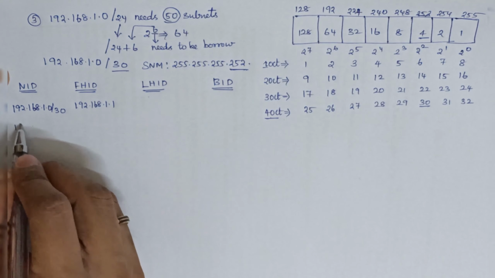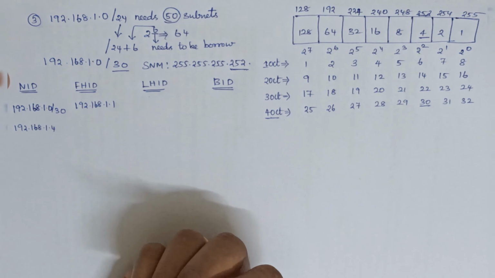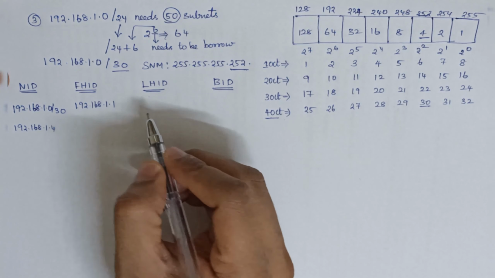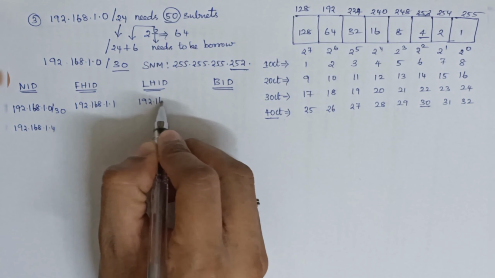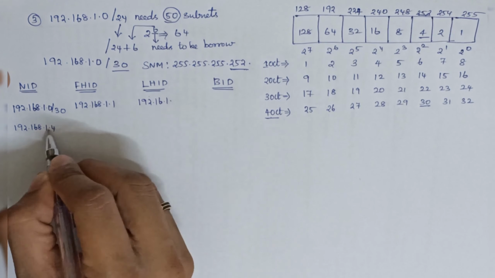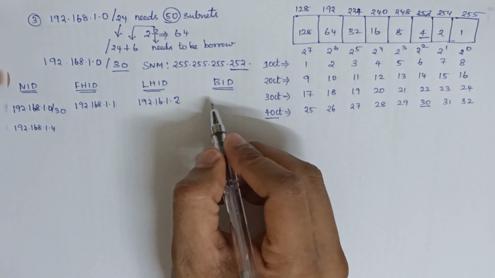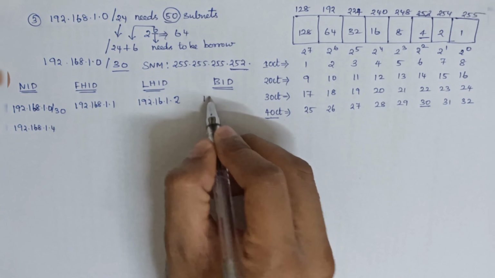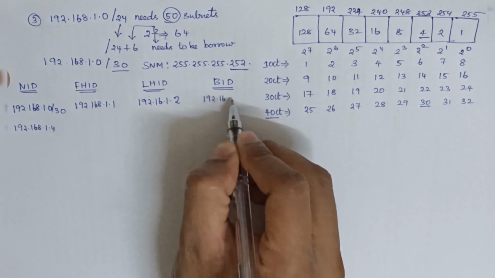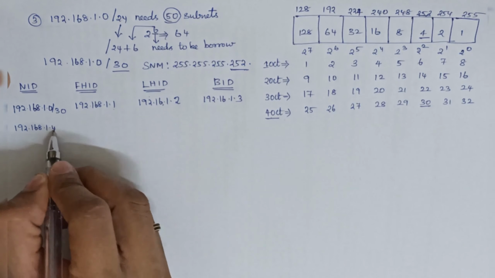So 192.168.1.4/30. So the last host IP address is 192.168.1.2, and the broadcast ID is going to be 192.168.1.3, because 4 is the next network.